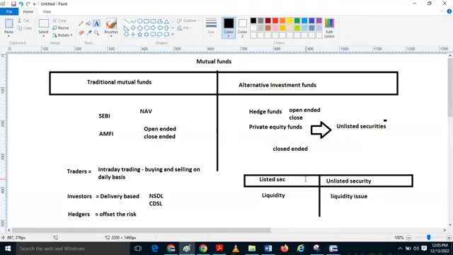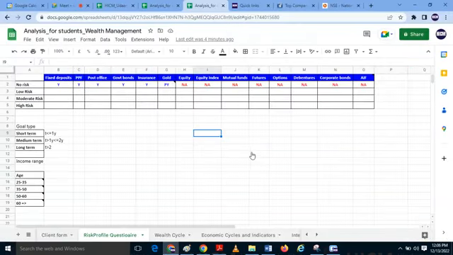Tomorrow, if you come to me and say you are selling your shares, I will tell you there is a lock-in period, because I have put your money into my business. I cannot withdraw and give it to you, you wait for 5 years. So this is what happens with the private equity fund. As they cannot sell, they cannot allow their clients to redeem. Simple, right? Got it?